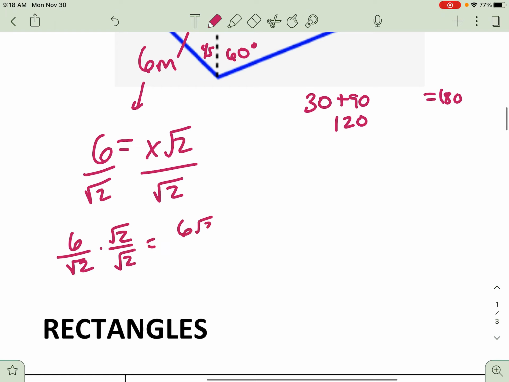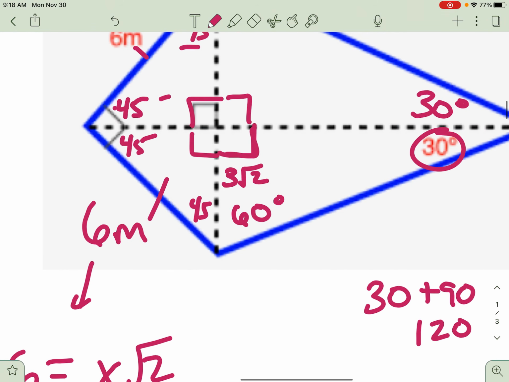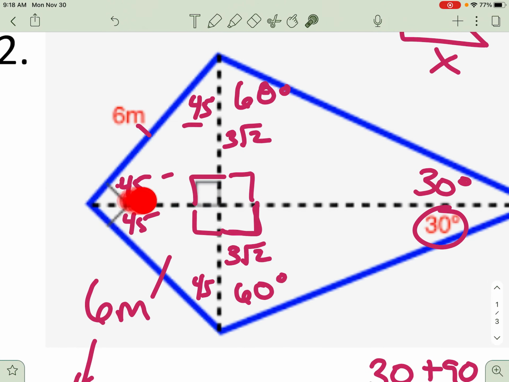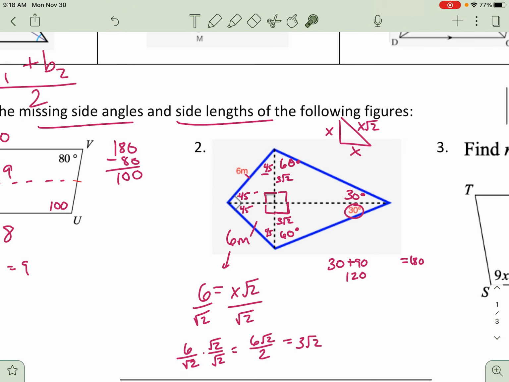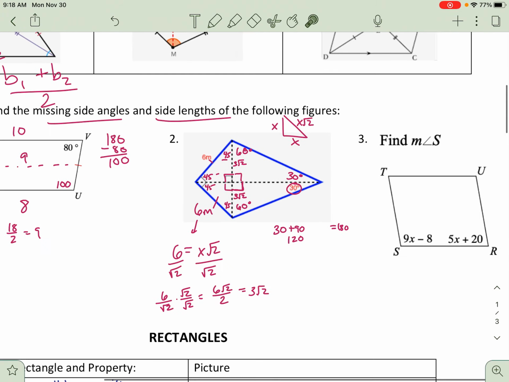So this would be 6 radical 2 over 2, which is 3 radical 2. So this would be 3 radical 2, 3 radical 2, and this would also be 3 radical 2, right? So you could really go about solving that. I won't go into too much more detail, but you could use trig like SOHCAHTOA, TOA to figure out what these other side lengths would be as well.